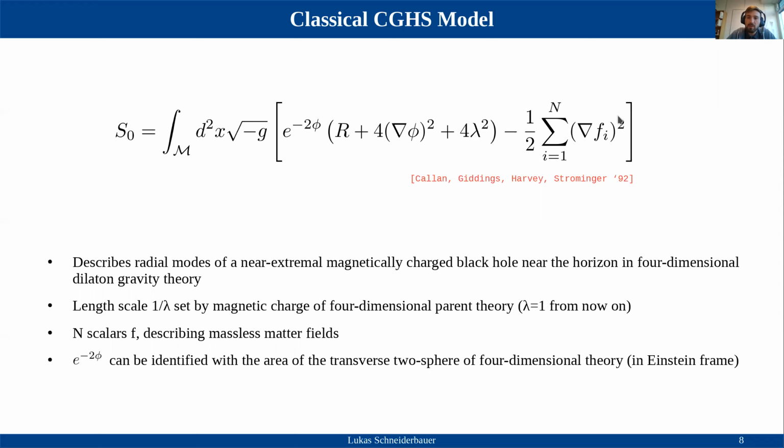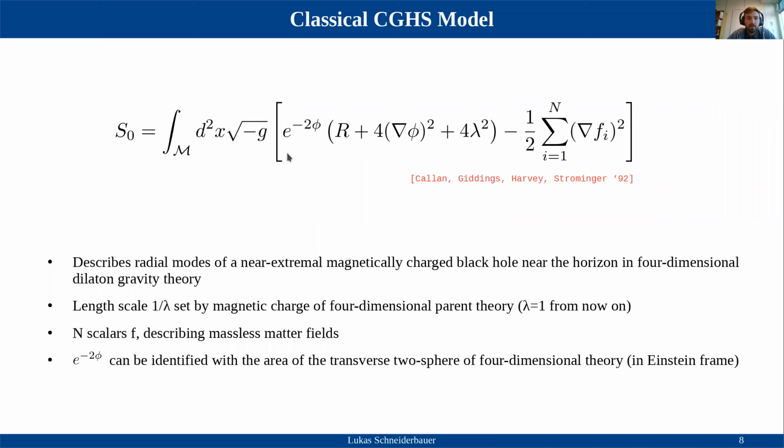And here we also have some scalars f, which model the matter fields in these models, and we have a number N of those. You see just the usual kinetic term. This is the classical version of the so-called CGHS model by Callan, Giddings, Harvey, and Strominger in '92.